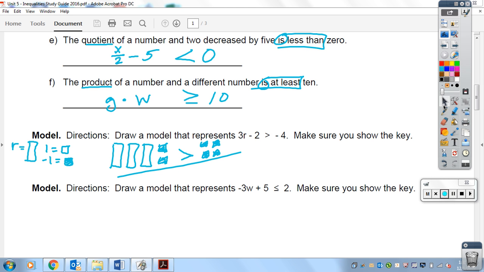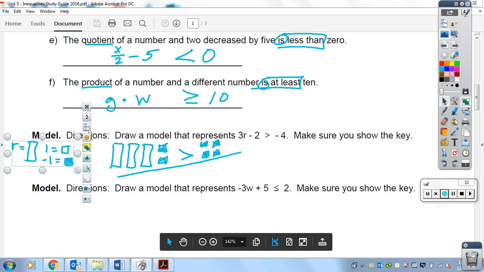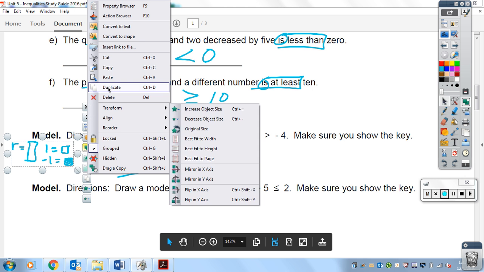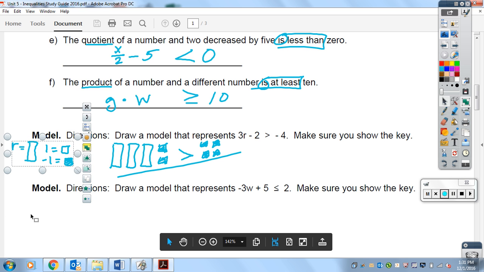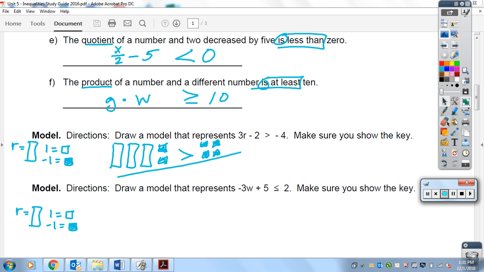This is the same one here. I'm going to sort of cheat. I'm going to copy, and I pasted. I'm going to change this R to a W. So now it's W. Negative 3W. Oh, I got to do a little bit more.